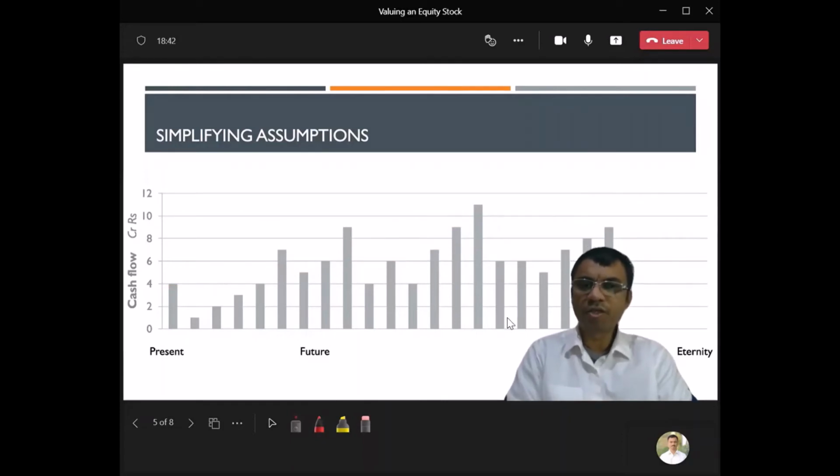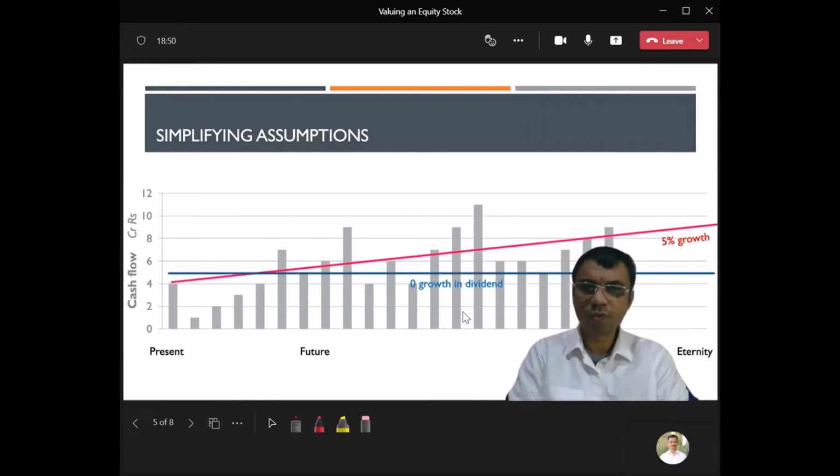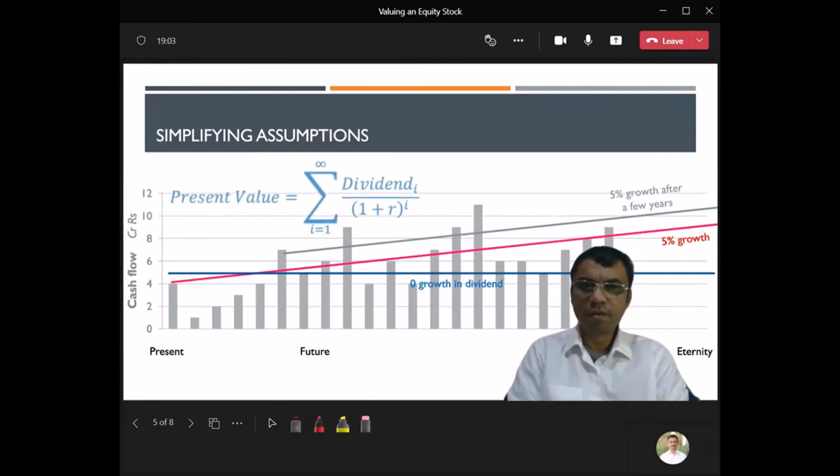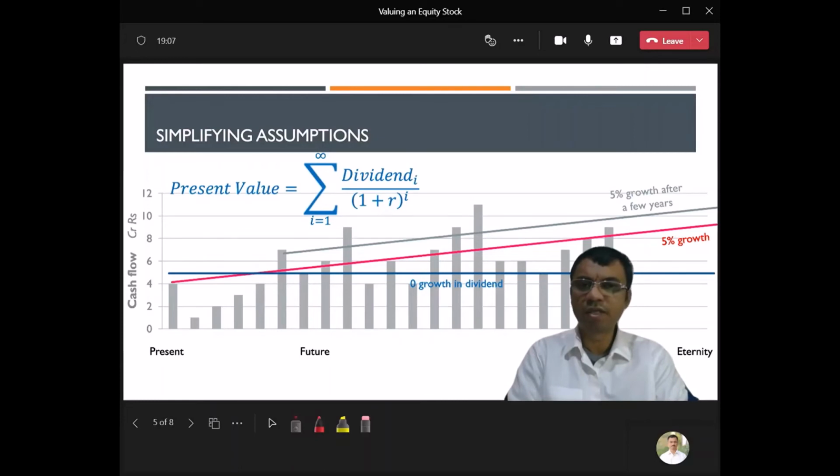Accordingly, the actual stream of dividends may be approximated to a straight line, which may be like this or like this. All that is left to be done after this is to apply a present value formula and find out the price. Remember, we have left out the discussion around the discount rate R to post mid semester.